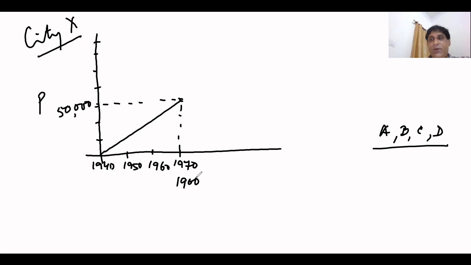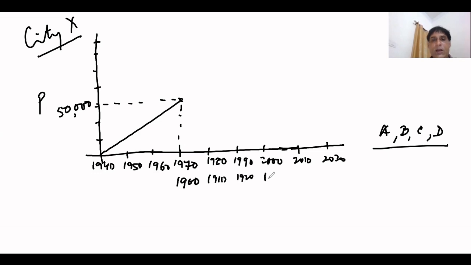We will keep on plotting. Now this is 1980, 1990, 2000, 2010, 2020, right? This is 1910, 1920, 1930, 1940, 1950.